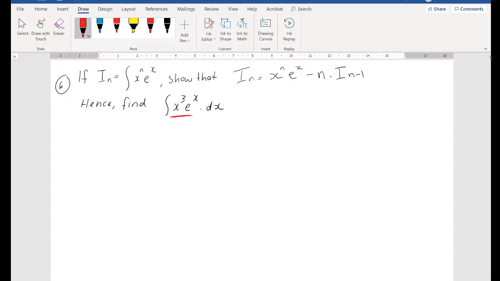Integration by parts has this very nice formula. So we have the integral of u v dash is equal to u v minus the integral of v u dash dx.